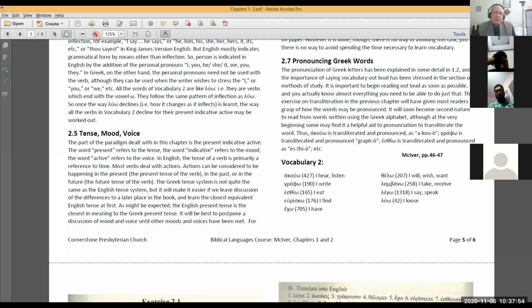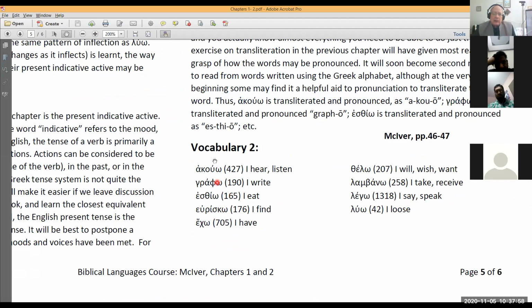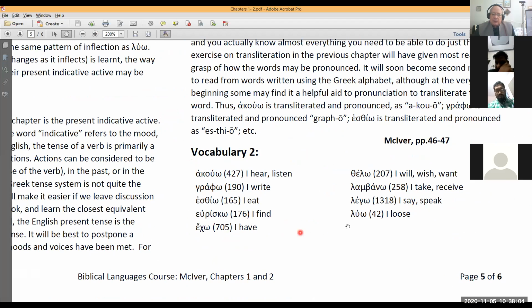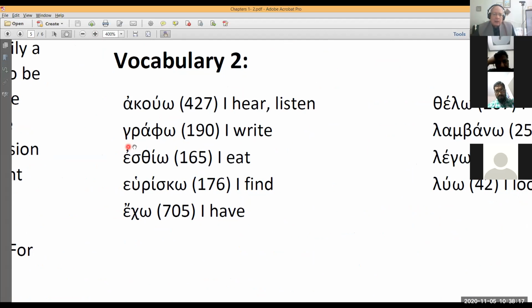At the end of chapter 2, in your textbook, you will have Vocabulary 2, a new list of words that are all verbs. These are the verbs that I've been using. I would like you to practice pronouncing those. Akuo. Grafo, I write.